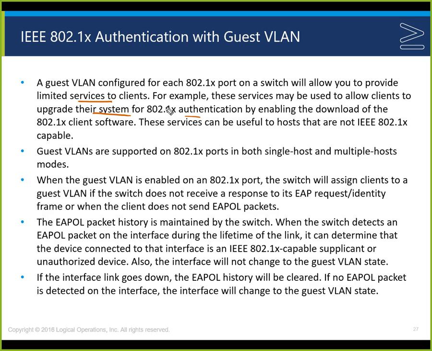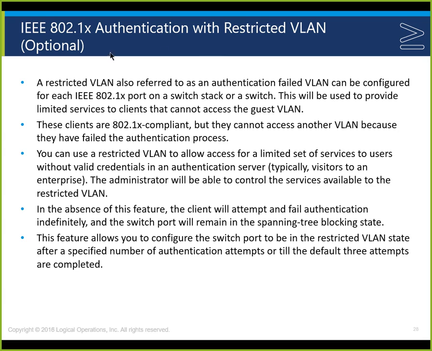Guest VLANs are supported in both single host and multi-host mode. When it is enabled, the switch will assign a client to the guest VLAN if it does not receive a response to its EAP request. So more configurations that we can do make things better. If it doesn't receive a response, which means it's not capable, then we put it on a VLAN that will allow it to become capable.